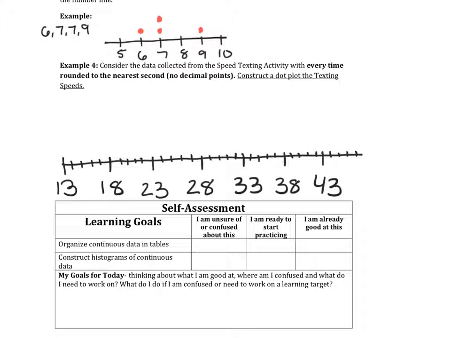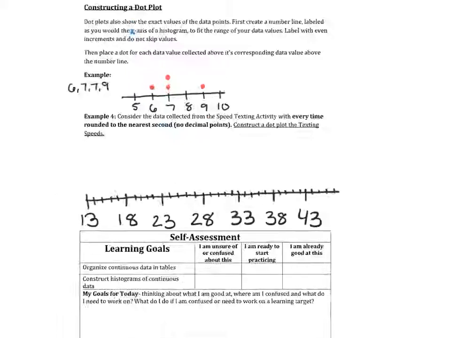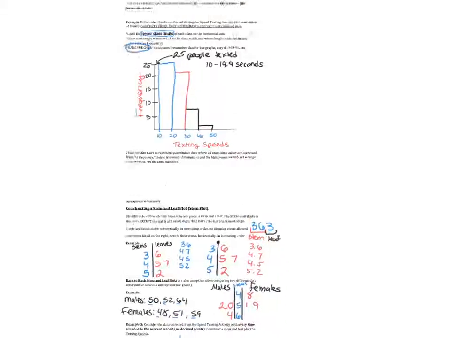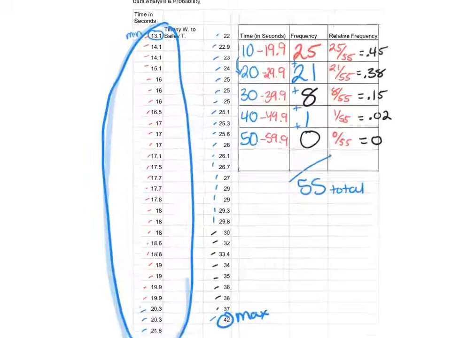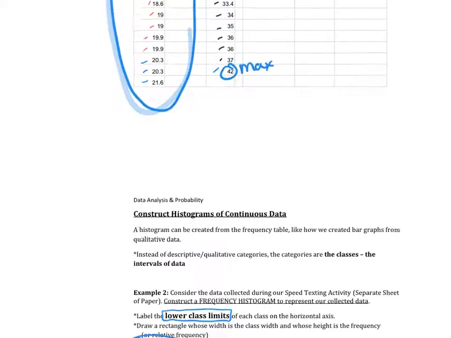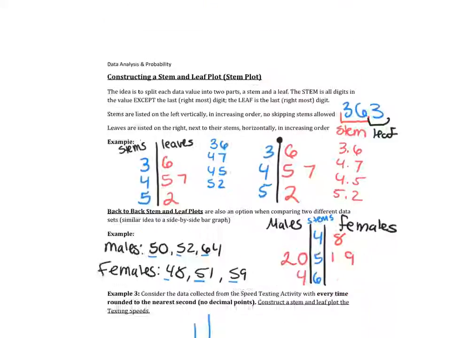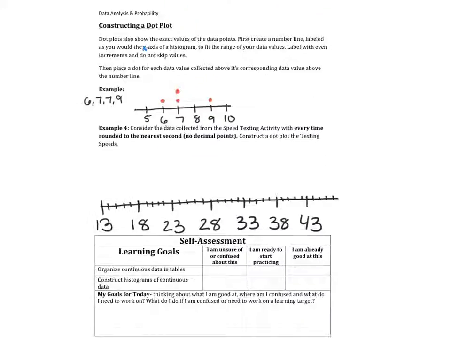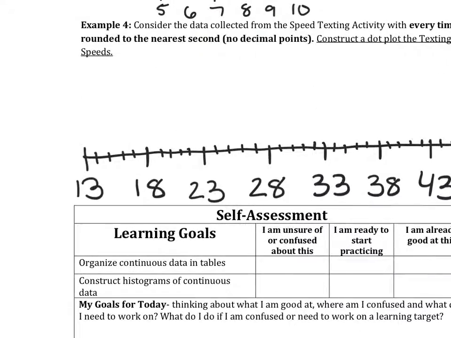And then again, you just put dots over wherever our data is. So we'll just do the first couple just to get an idea. Dot plots are pretty straightforward and we don't need to spend our time doing all 55 data values. So like 13.1, and then we have two 14.1s. So if we go down, we do lots of flipping here. So 13.1, right next to 13.